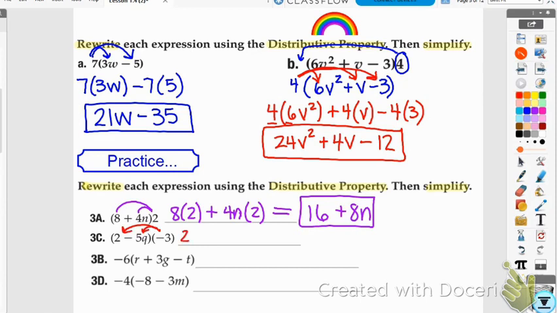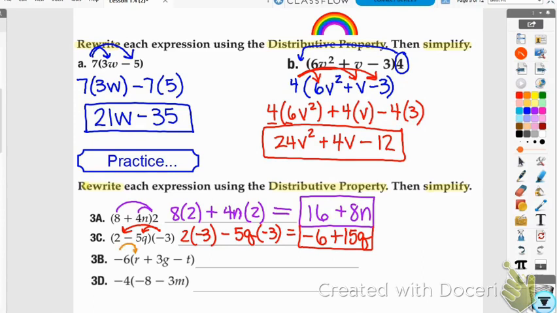So this is going to be 2 times negative 3 minus 5q times a negative 3. And simplify. 2 times a negative 3 is negative 6. And a negative 5 times a negative 3 is going to change this to a plus 15q. So just be careful on that one with the signs. Common mistake is students rush through these and the signs get all messed up.